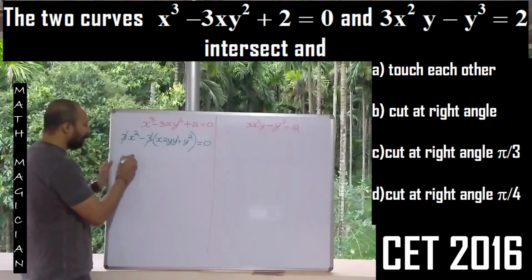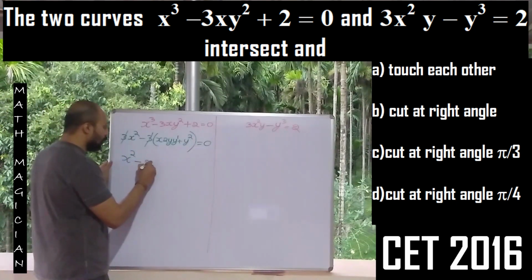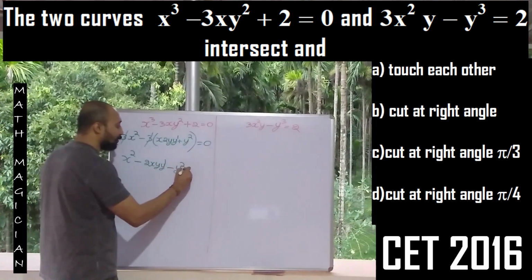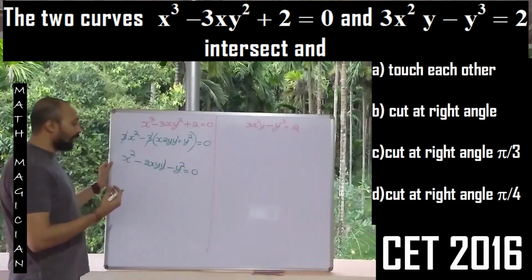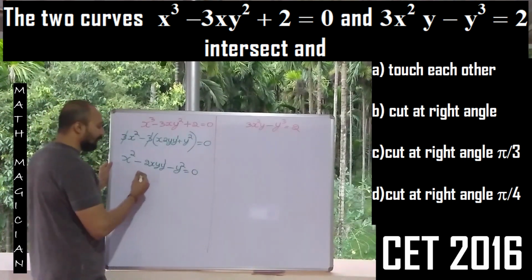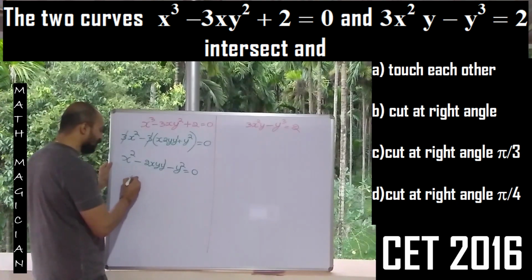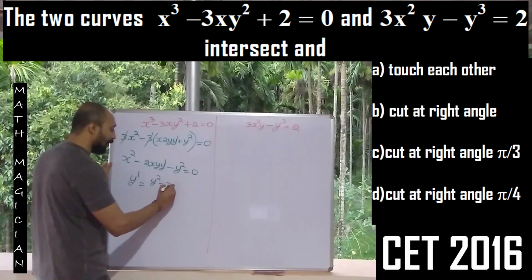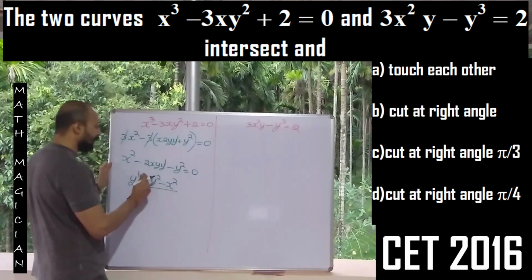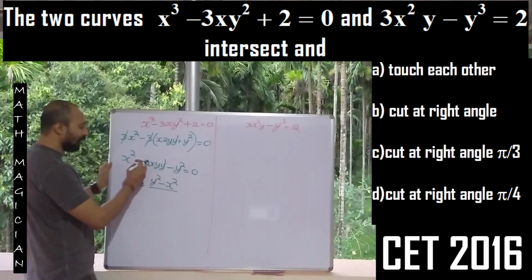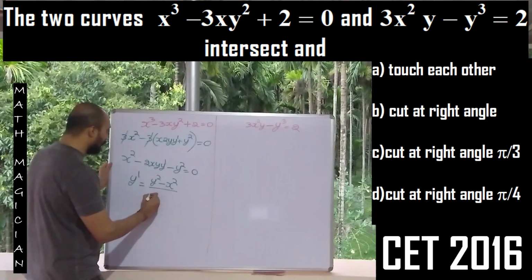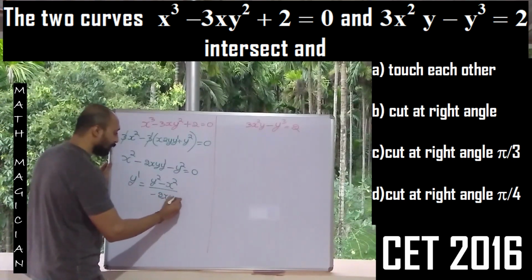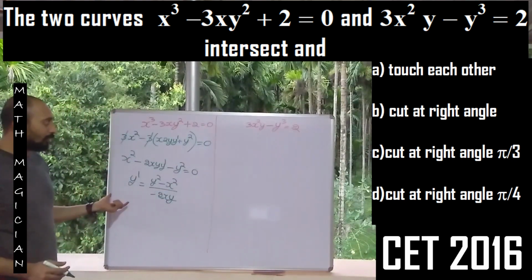So what is remaining is x square minus 2xy y dash minus y square is equal to 0. So what I can do now is take the things that side. So it will be y dash is equal to y square minus x square divided by, when it is coming this side, minus 2xy.